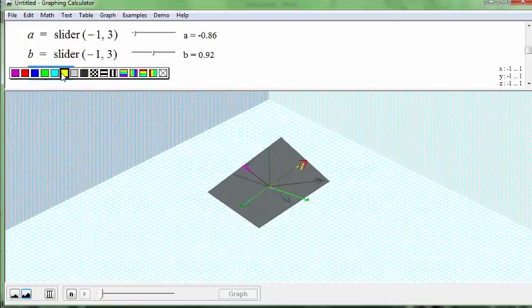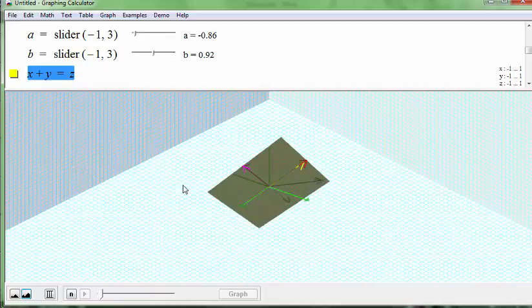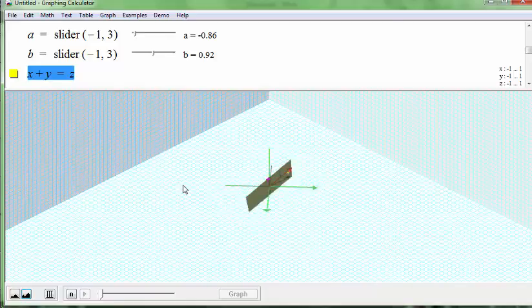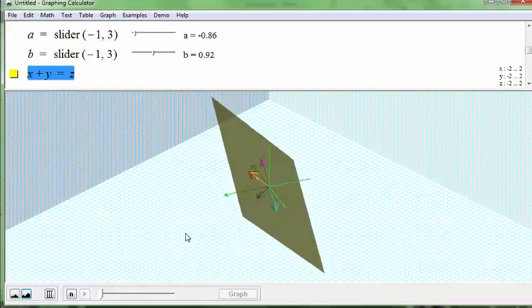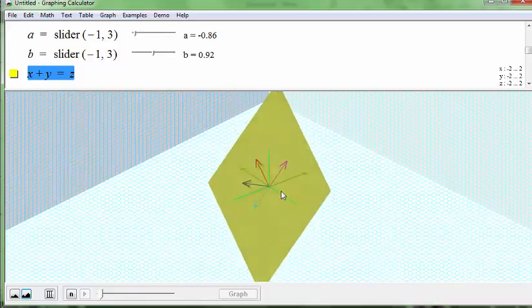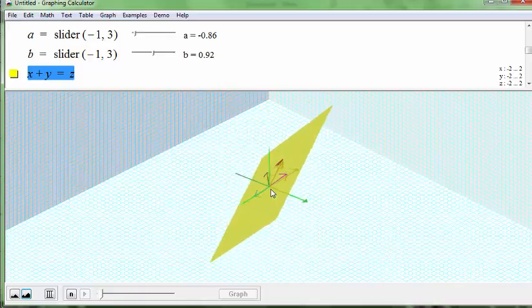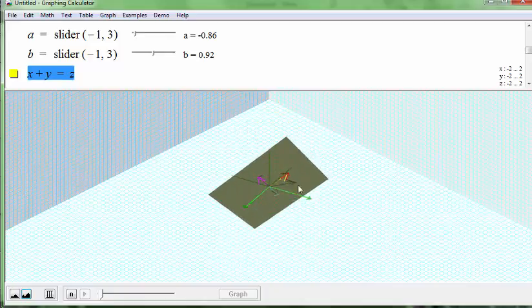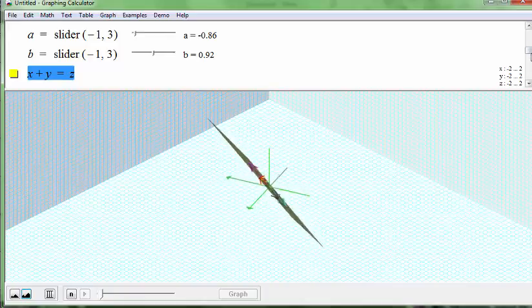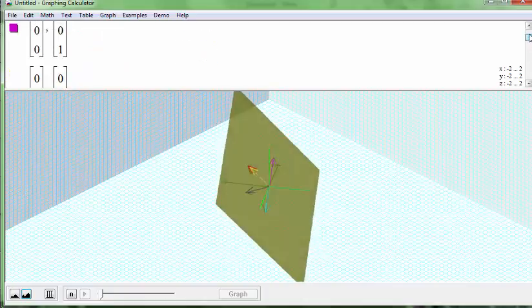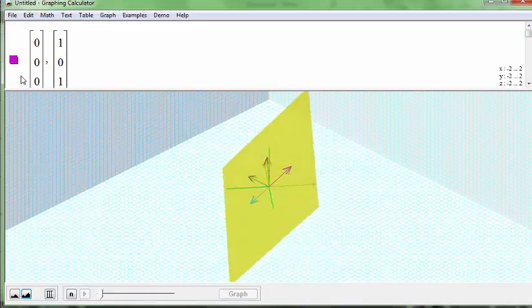And then maybe even brighter. Let's make it yellow. And let's spin it around for the meantime. And you can see that every single vector that we have here is on that plane. So that linear combination vector is the black vector. Let me take everything else out.